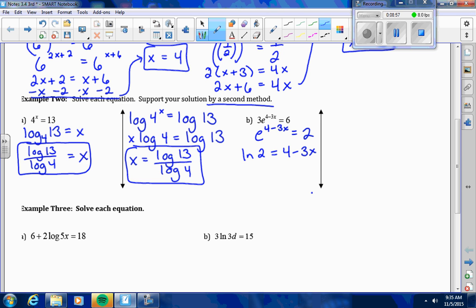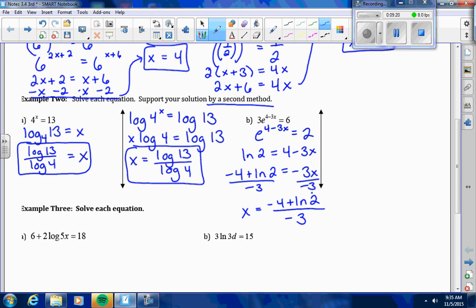Subtract the 4. So let's put it in front of the natural log. So negative 4 plus natural log of 2 equals negative 3x. And then finally we divide by negative 3. So x equals negative 4 plus natural log of 2 divided by negative 3.